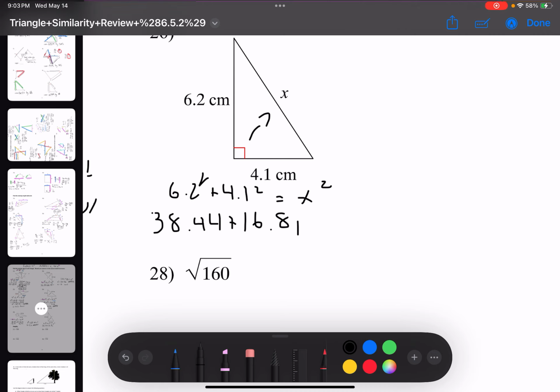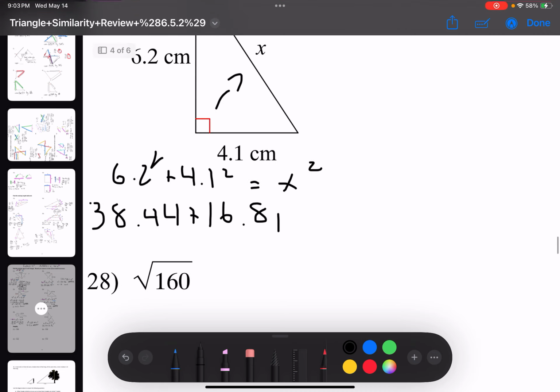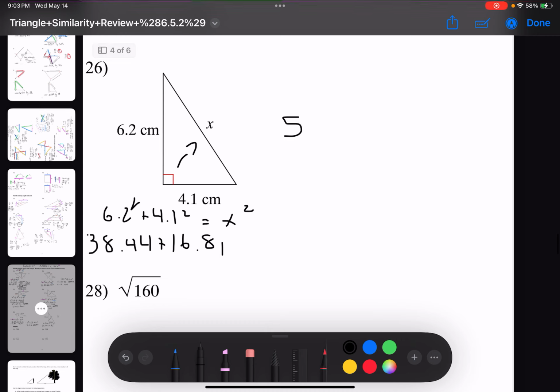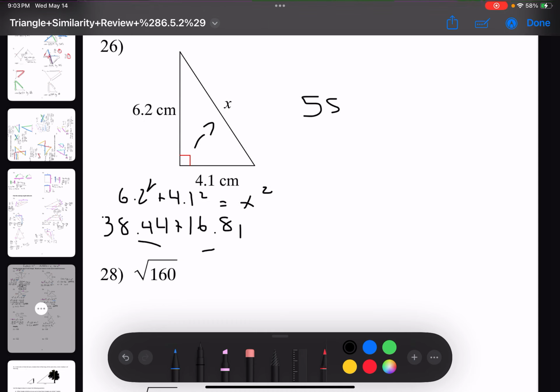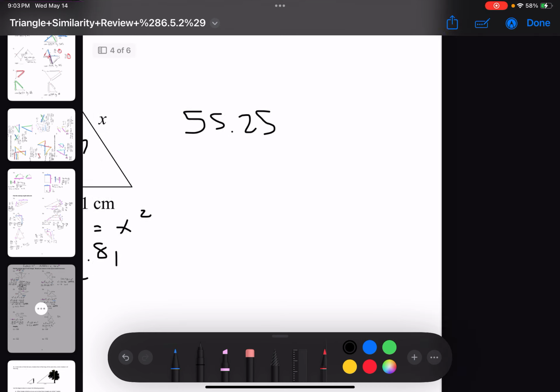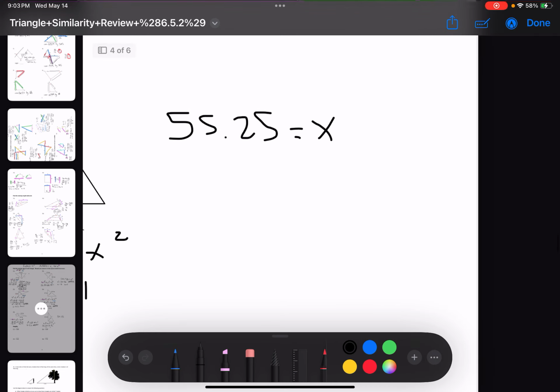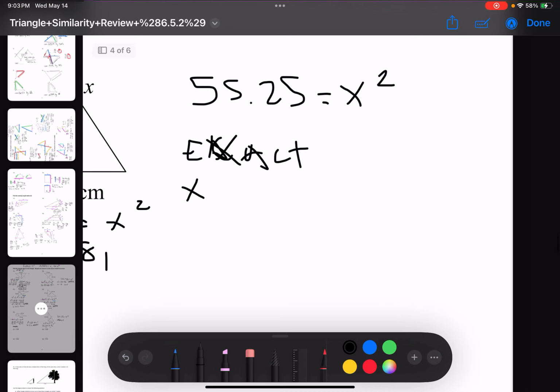You add those together. Sorry guys, I'm just working while I go. Because these two numbers, since they're on the same line, you might as well just combine them, combine like terms, is equal to x squared. And then boom, your exact. X squared is equal to 55.25.